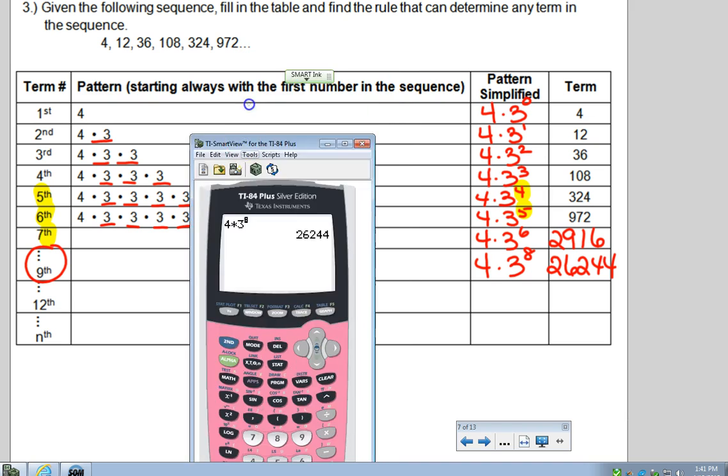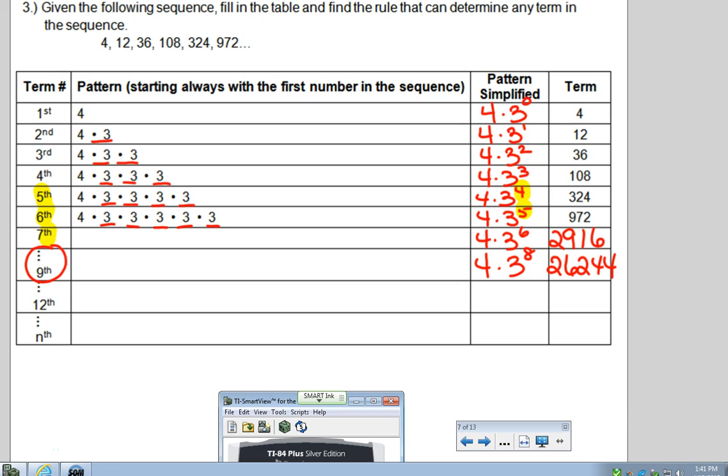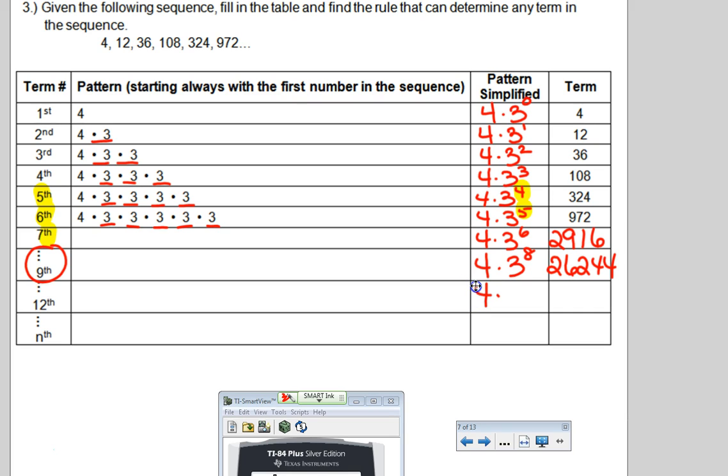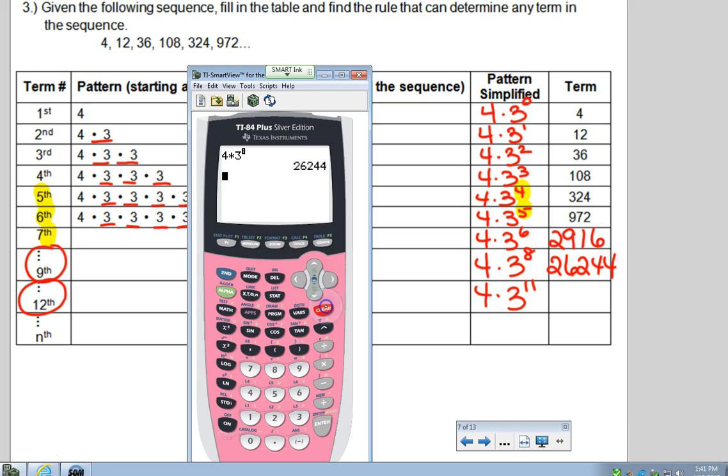All right, our 12th one is going to be 4 times, to get to our 12th, we're going to have 11 3's in a row, so it's going to be 3 to the 11th power. So these grow really fast.